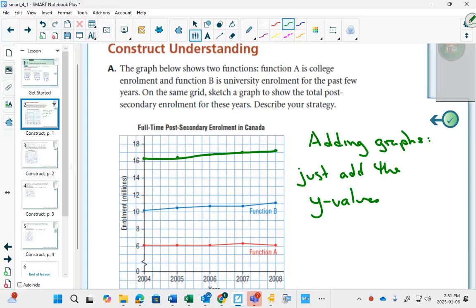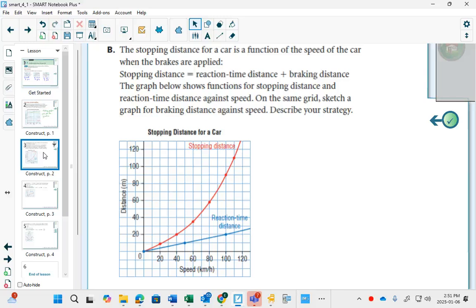If you want to subtract graphs, you subtract the y values. Multiply graphs, multiply the y values. Sometimes you have, like in this example and the next example, a situation where it makes sense that if this is how much and I wanted to find a total, I would just add my y values. The year doesn't change. Your x value doesn't change. Just the total changes. So in our second example, it's a similar idea.